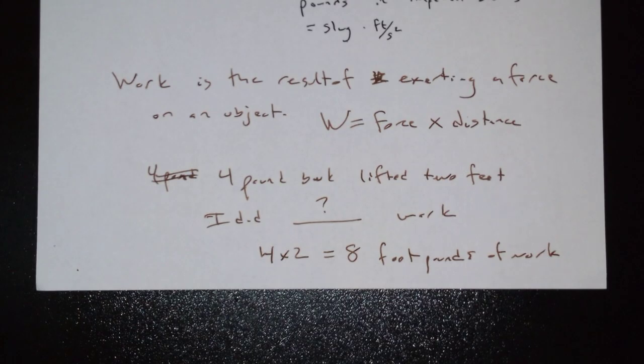Anybody ever change a tire on a car? Get a flat, change a tire? There's a wrench that you're supposed to use that exerts a certain amount of torque on the nuts on a car tire. Torque is an amount of work. It is measured in foot-pounds.